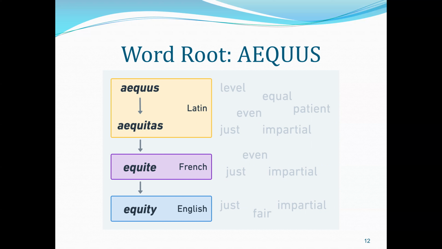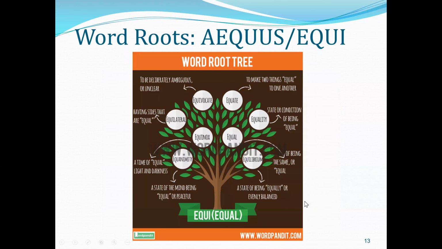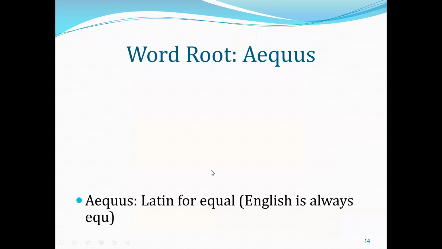So the word root is aequus, and we have quite a few words that use it, like equate, equivocate, equilateral, equinox, equilibrium. So let's go through each one of them.